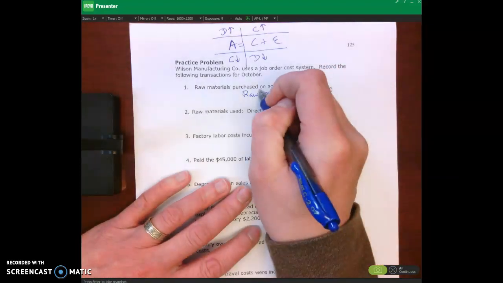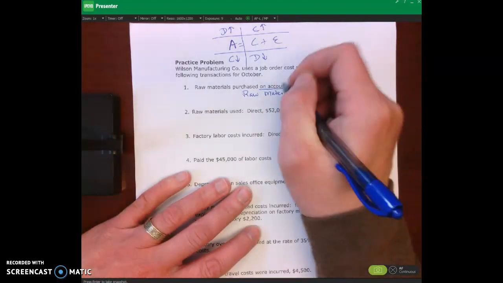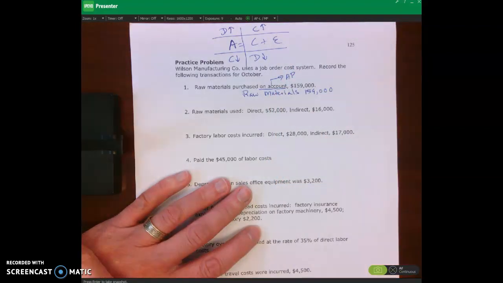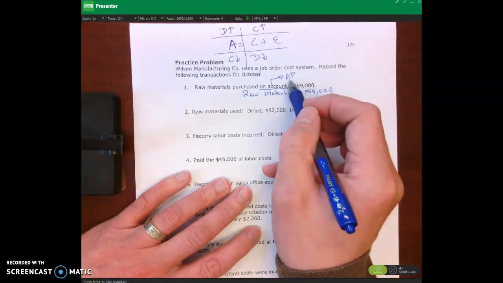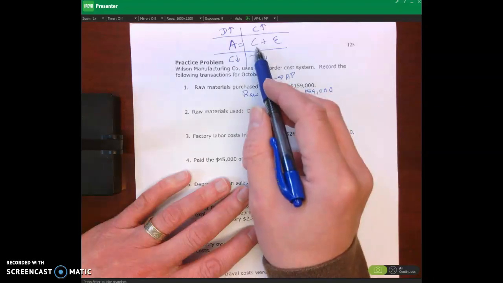On account. So I did not buy it with cash. On account means AP, accounts payable. Where do I put accounts payable in terms of the accounting equation? It's a liability. My liability is going up. It's kind of like I put it on the credit card. If you bought something on a credit card, your liability is going up.